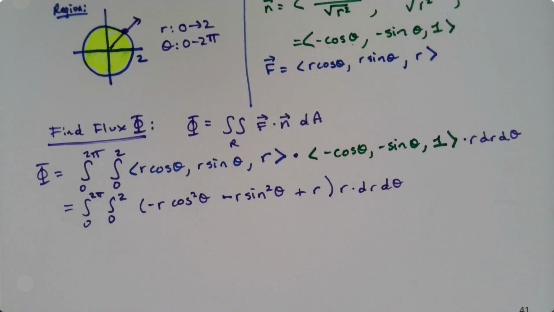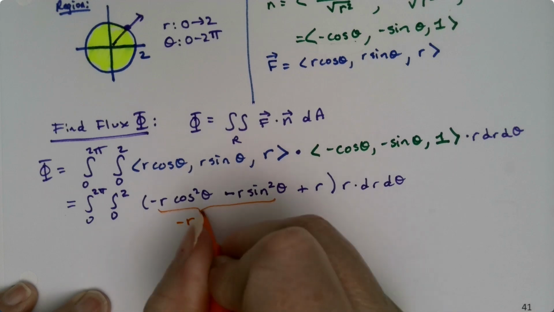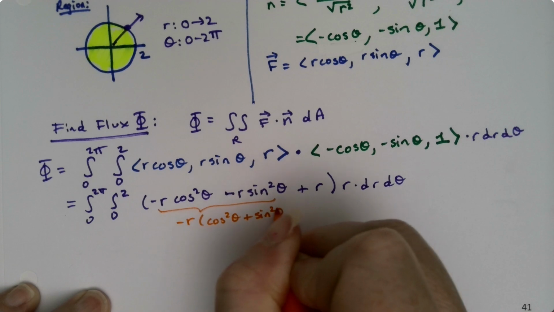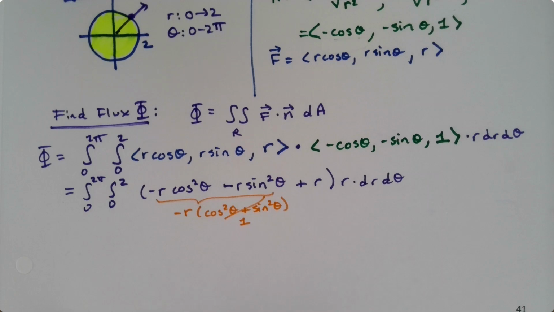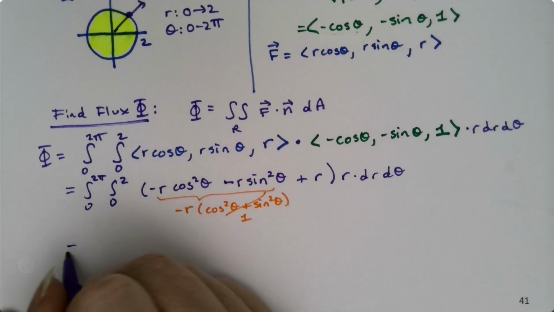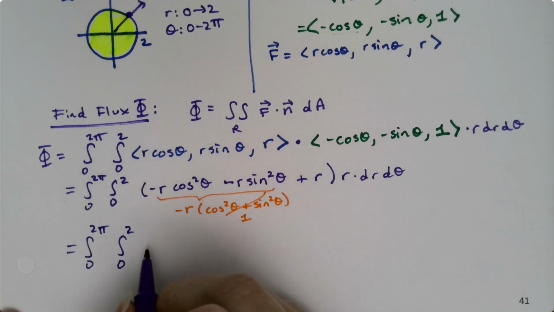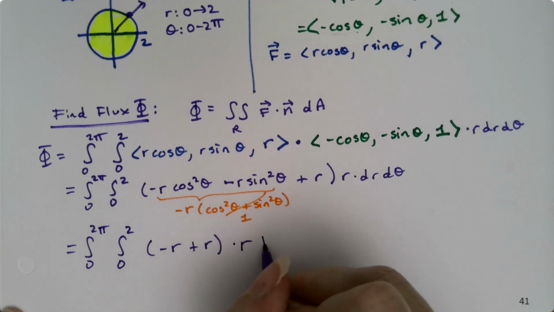Well, if you're paying attention, you might realize there's something going on here. If I factor a negative r out, I'm left with cosine squared of theta plus sine squared of theta, and that is 1 by the Pythagorean identity. So this whole thing becomes negative r plus r. So this is the double integral from 0 to 2 pi, 0 to 2 of negative r plus r times r dr d theta.